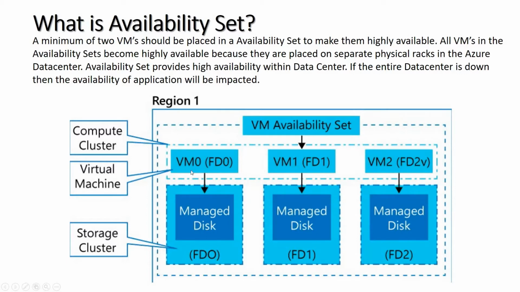You can notice here that VM0 is under FD0. FD0 is fault domain 0, and VM0 is aligned to a managed disk that is also part of fault domain 0, FD0. Same for FD1 and FD2. So this is a part of region 1 and this is part of the Azure data center. You can easily understand the concept of availability set from this diagram.